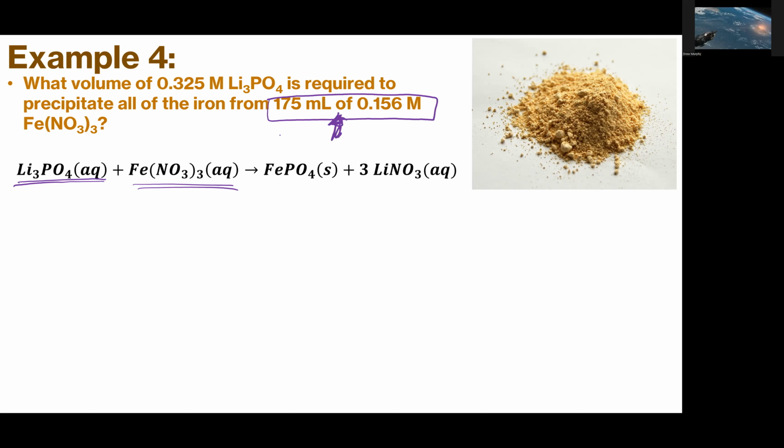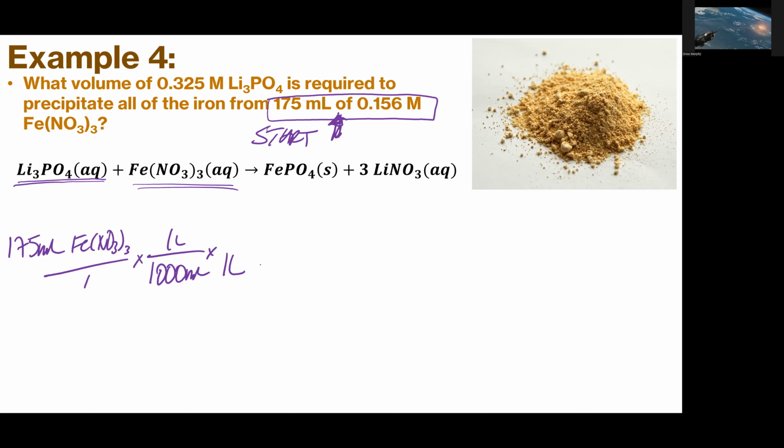So this is going to tell us this is our start because we have a lot of stuff going on in here. Okay, so let's do that. 175 milliliters. This is iron 3 nitrate. Gotta get our milliliters to be liters, so that's 1,000 milliliters in a liter.